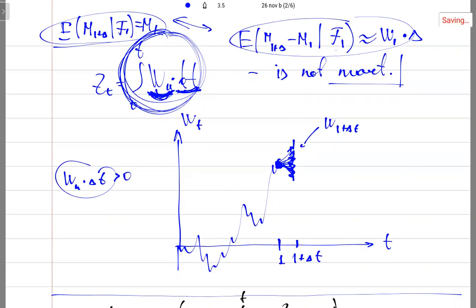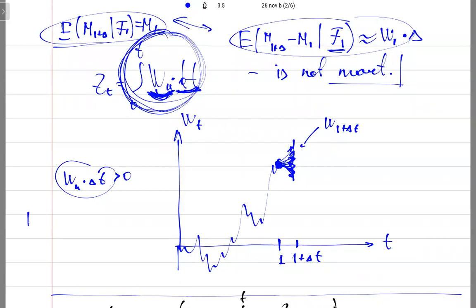So I know W_s, and I see positive W_s. Given positive W_s, I predict a positive change in process Z. So process Z is not a martingale, because given my current information, I am making a non-zero prediction of the future change of Z.